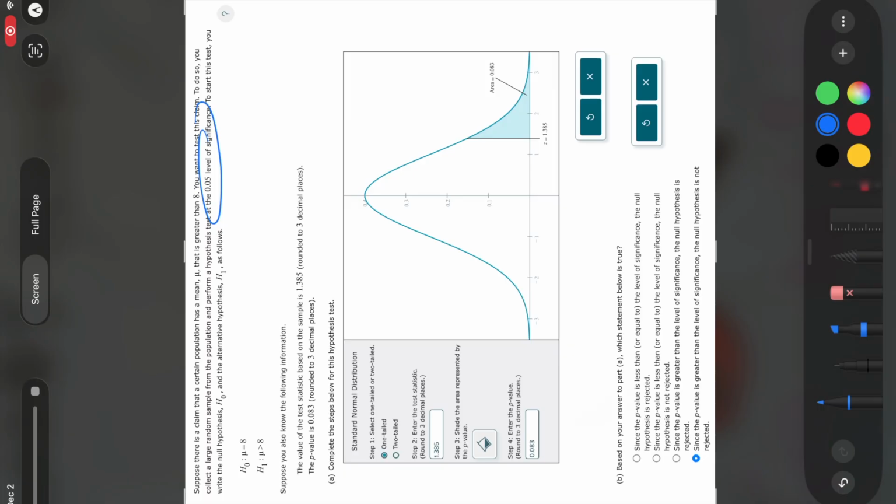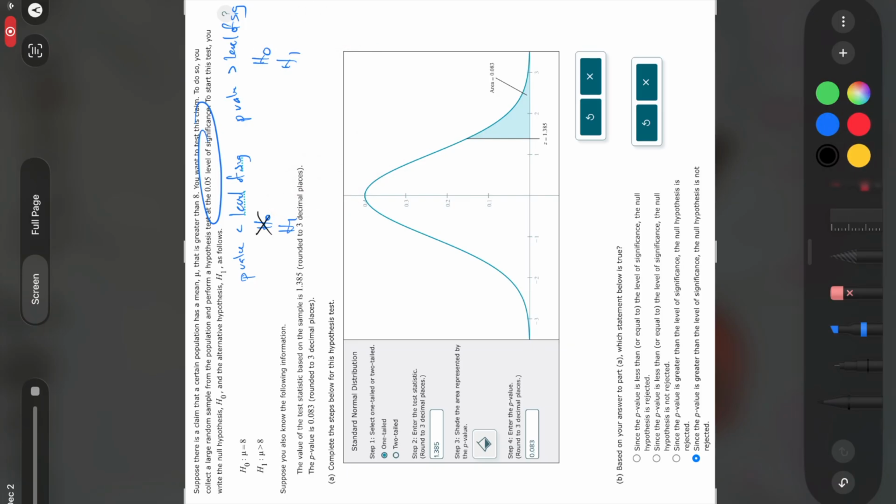Level of significance. So the rule here is: p-value is less than the level of significance, or the p-value is greater than the level of significance. You have these options, H0, H1, H0, H1.